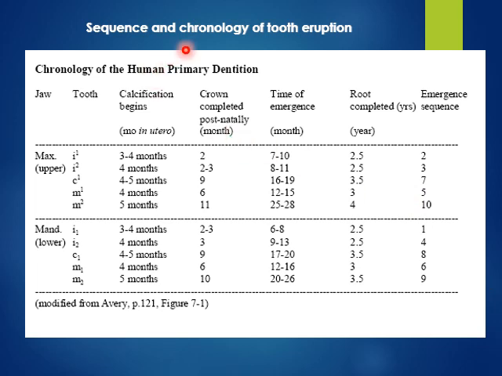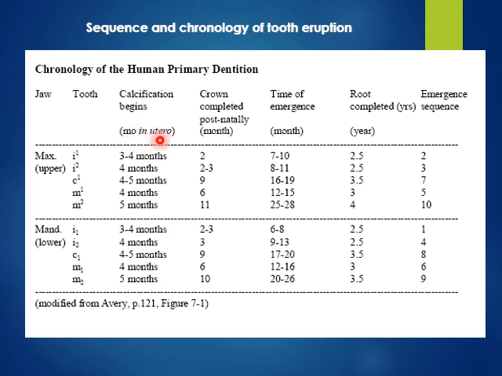We have the sequence and chronology of tooth eruption. Chronology of the human primary dentition: jaw, maxilla or mandible, and the teeth: first and second central incisor, canine, and first and second deciduous molar.